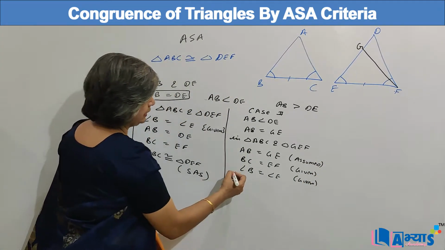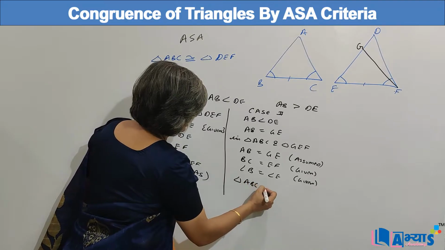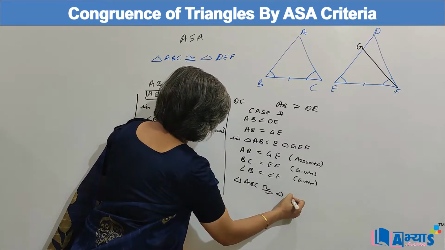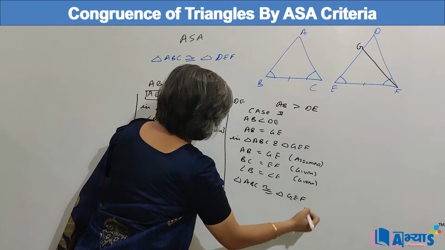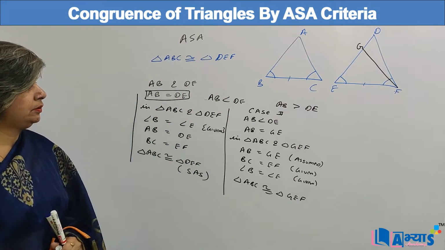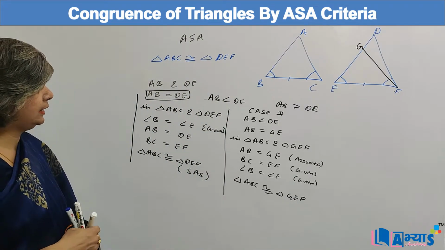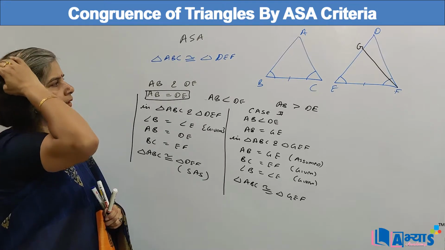So we can say that triangle ABC is congruent to triangle GEF, because now using the SAS criteria, triangle ABC is congruent to triangle GEF.